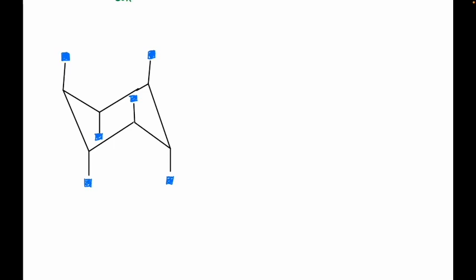All right, and then take a second and draw in your equatorial bonds. And we're going to label them with a red circle.